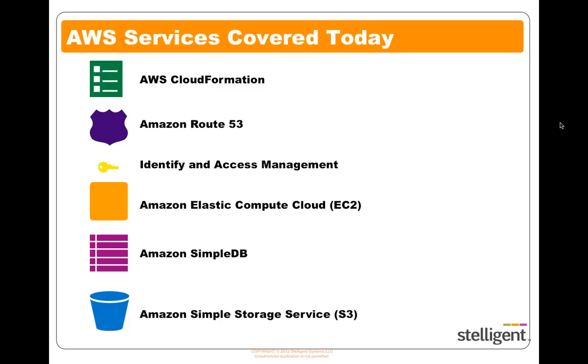You can also use a number of AWS services with CloudFormation, including EC2, RDS, and Route 53, and we'll see some examples of an actual script that you can get access to because it's all on GitHub. The next one is Route 53, which is a scalable domain name system. What you're able to do is programmatically assign the IP addresses and the load balancer endpoints to the internet domain of your choosing.